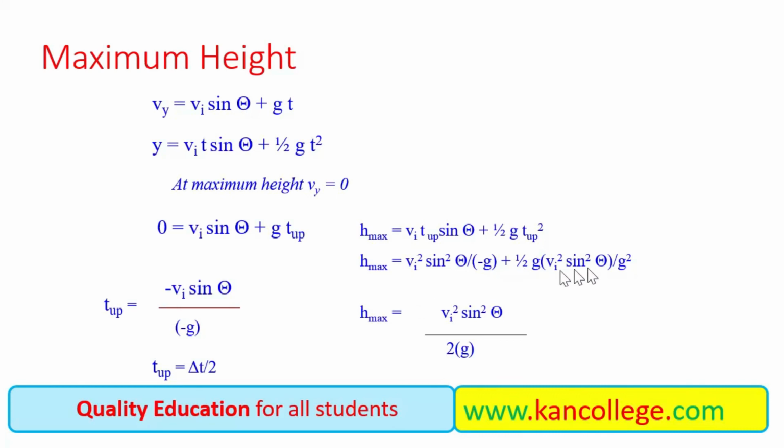By taking the LCM, least common multiple, 2g will become the LCM, and this 2 will multiply with the first term, 2 Vi square sine theta cos theta, while over here it is Vi square sine square theta over g. So the final result will be equal to Vi square sine square theta over 2g. You can simplify it by yourself on paper.